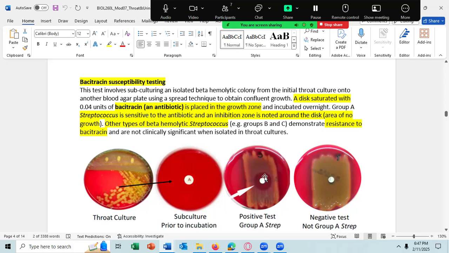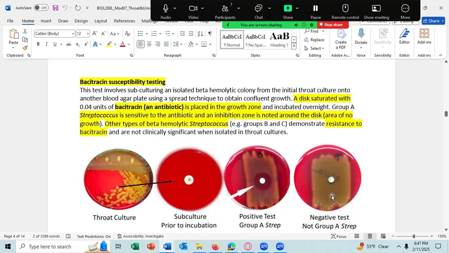If the zone of inhibition is greater than a certain size, it is positive for the bacitracin sensitivity test. And group A Streptococcus, meaning Streptococcus pyogenes, is positive in the bacitracin test. All other members of the Streptococcus family, as well as Enterococcus, are negative in the bacitracin test.